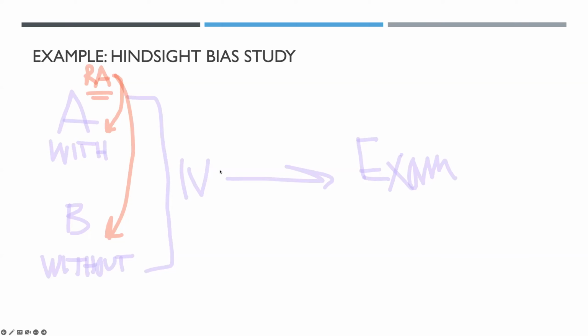So let's say that we're trying to test this with answers or without answers, but it's a different exam guide. So exam guide 1 has less information than exam guide 2. So now this condition A is going to get the less information. So it has fewer terms on it, whatever it might be, less information. B has more information.